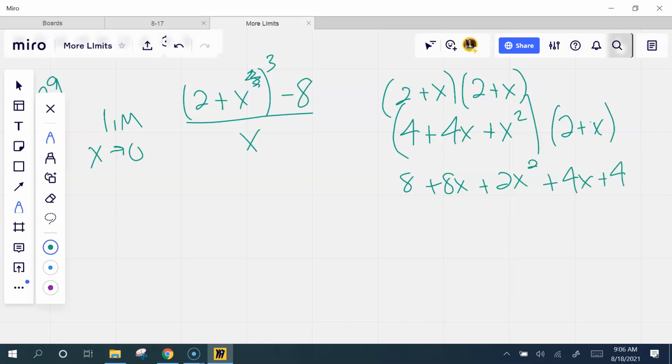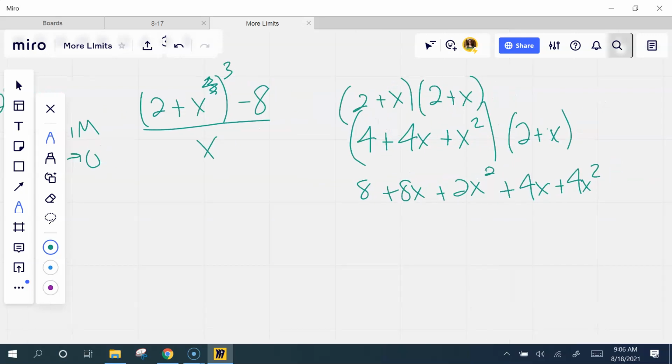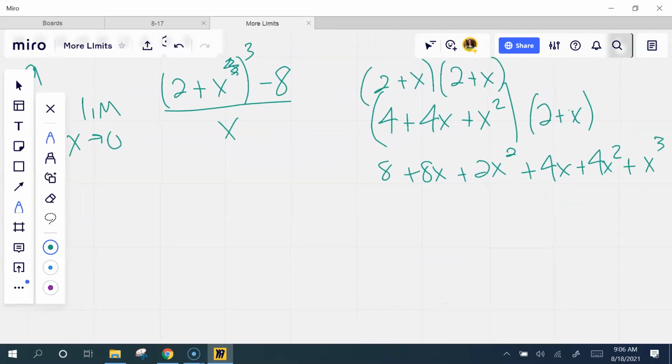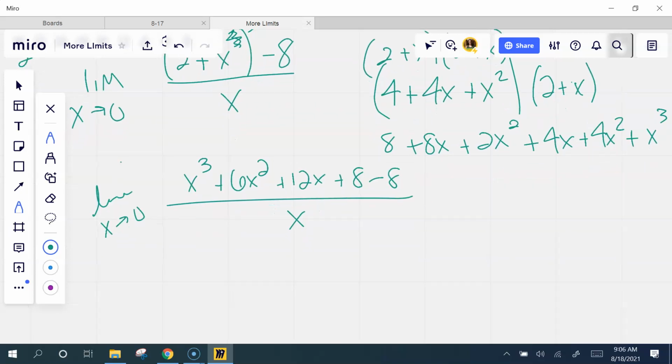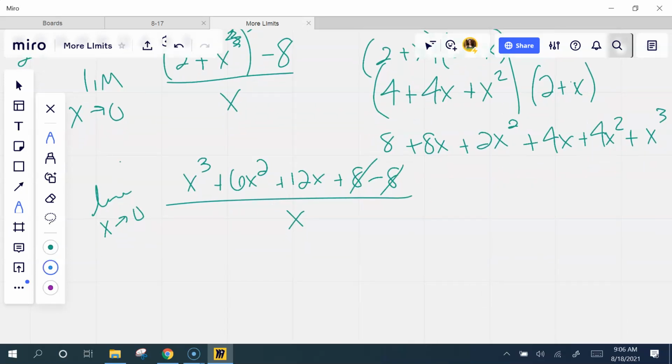I'm going to go out on a limb and say that x is going to cancel out whenever I get this x cubed. So I have x cubed, 6x squared, 12x, plus 8 minus 8 over x. The 8's are gone. Look what else happened. Now all of these have an x and there's an x here.